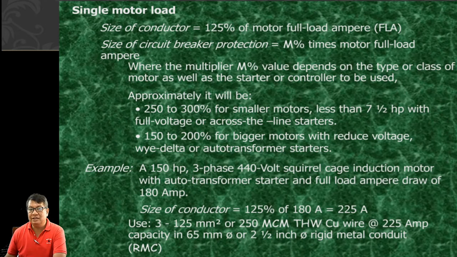So we have this 3-phase kasi. So we have this 3 125 mm squared. The capacity of the 125 mm squared or 250 THW copper wire, okay, is 225 amperes capacity. And 65 mm diameter, okay, use the 65 mm or 2 1/2 inch rigid metal conduit or RMC for this size of conductor.